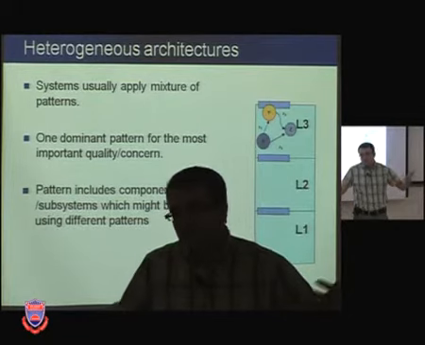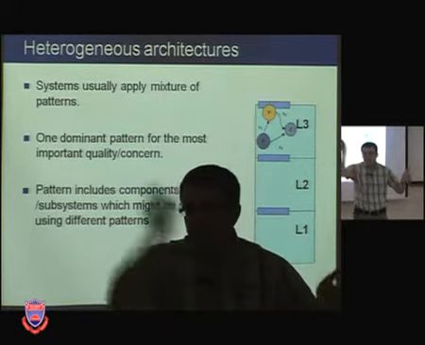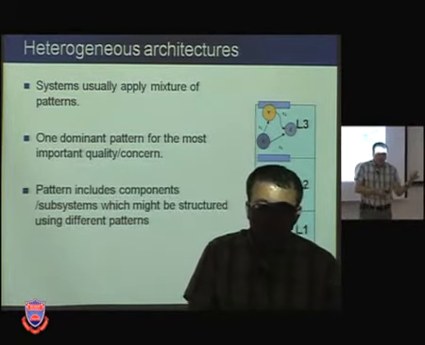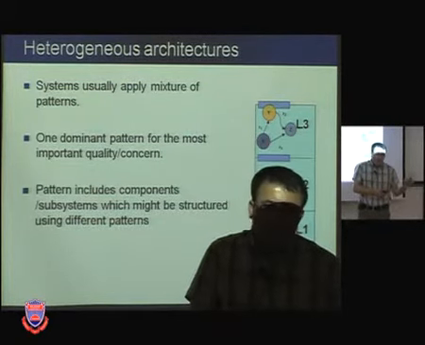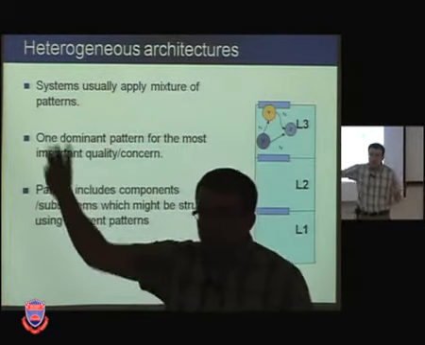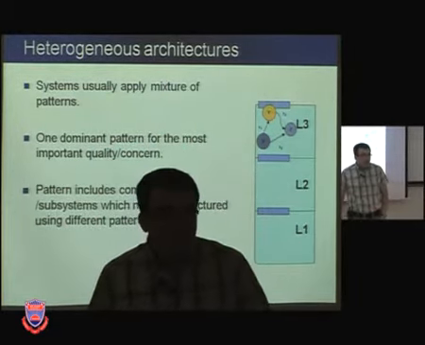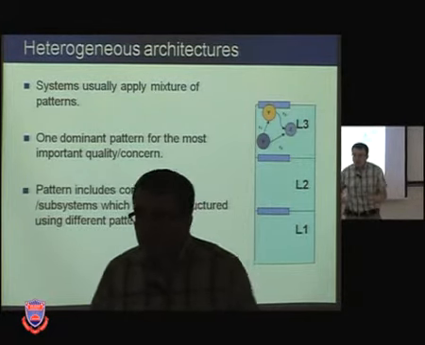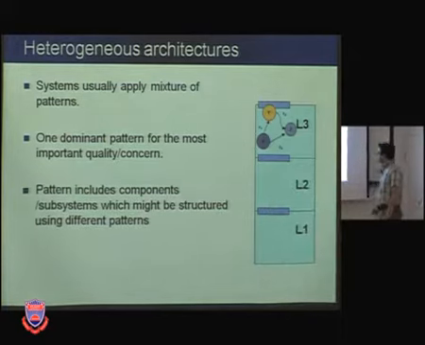At the client and server side, we could also have different decompositions. The client could have, for example, a layers pattern. The server could be a layers pattern, and each layer could have, for example, an MVC pattern or a pipes and filters pattern. So there are different kinds of combinations.